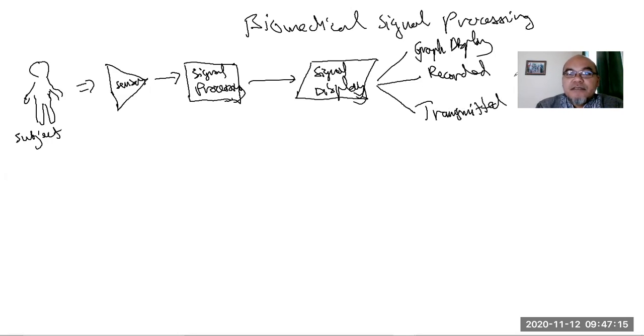The signal can be easily transmitted anywhere around the world, so the physicians or specialists do not need to be in the place of the patient. Although this technology is not yet widely used, it is already possible.